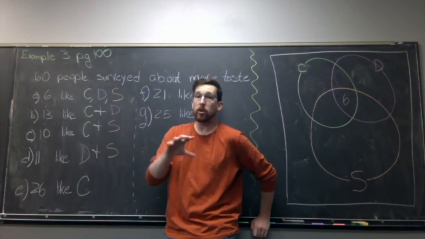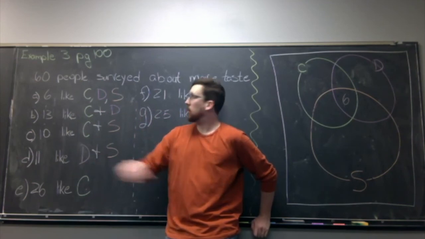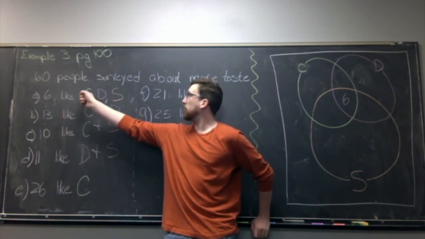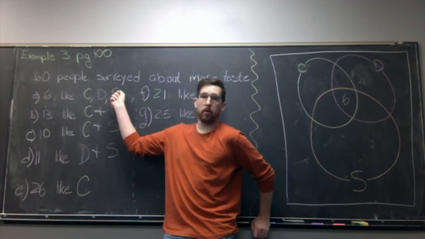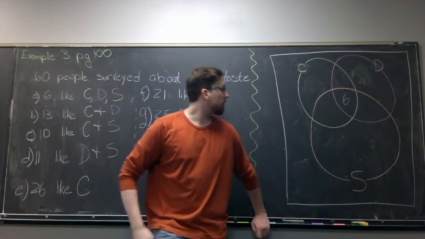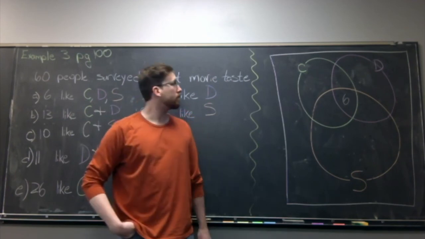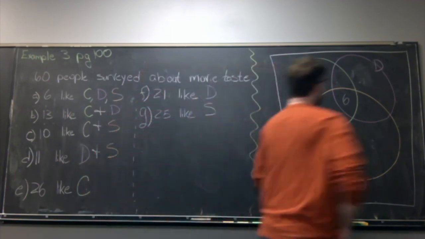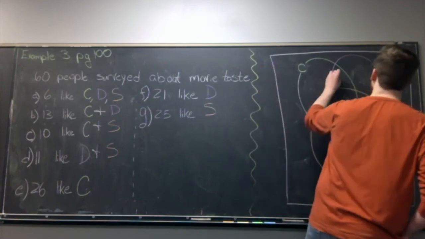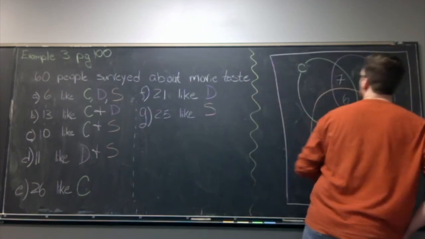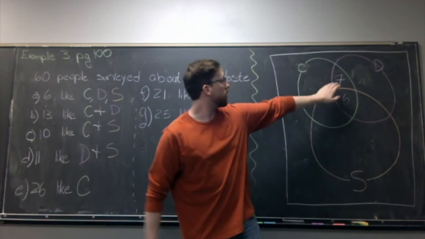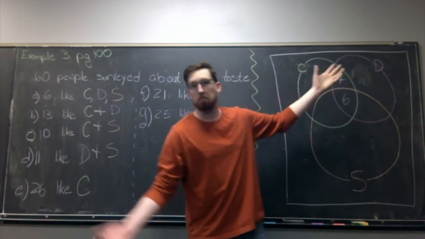But of those 13, 6 belong to the comedy, drama, science fiction group. So we're going to have to subtract 6 from 13. All right, 6 from 13 is going to be 7. And that belongs to just the comedy drama section. Cool.